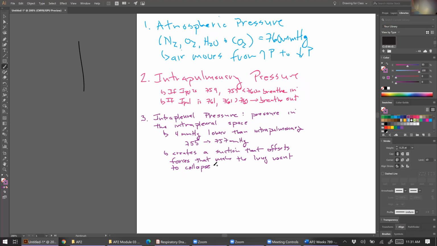The first one of those forces is, I just stick with pink anytime I'm drawing an alveolus. So if this is an alveolus, an air sac, you line your alveolus with water.